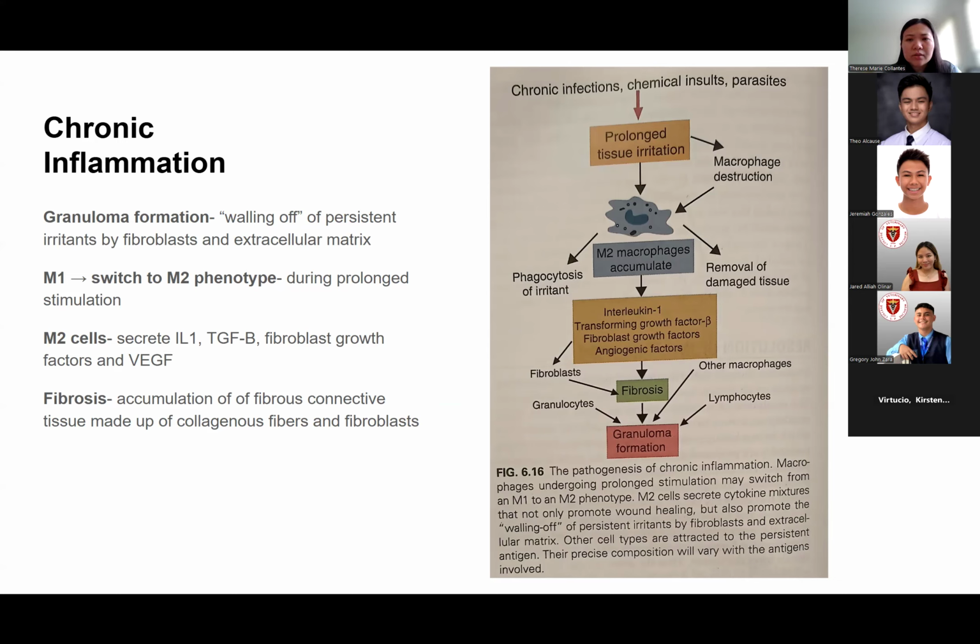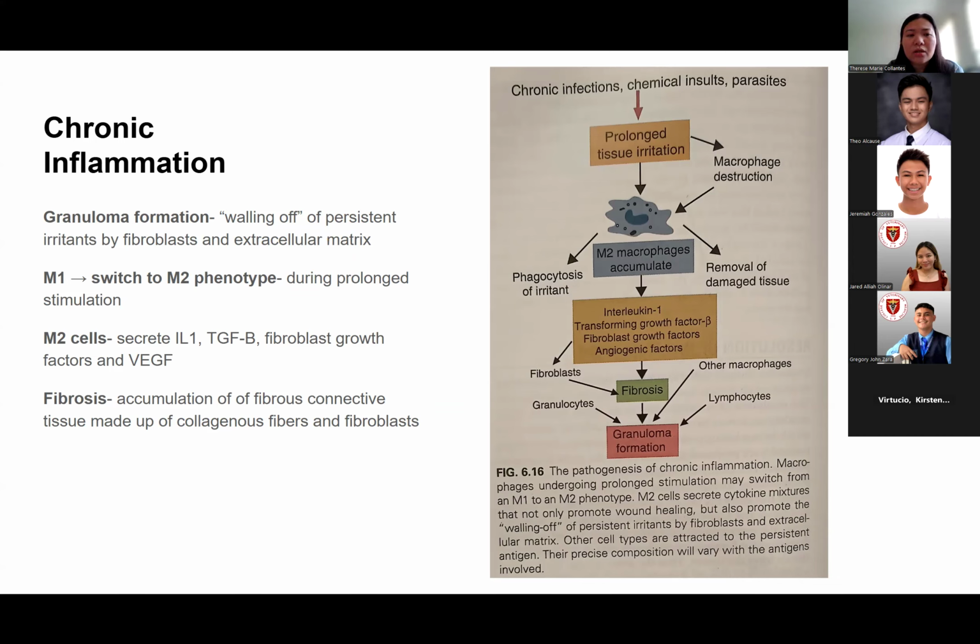So how does this mechanism occur? What is a granuloma in the first place? Like I mentioned in the example, a granuloma is the walling off of persistent irritants by fibroblasts and extracellular matrix. In the next slide, I'll show you an example of a granuloma microscopically, and we'll see that it's made up of fibroblasts and extracellular matrix. What is the extracellular matrix of fibrous connective tissue?